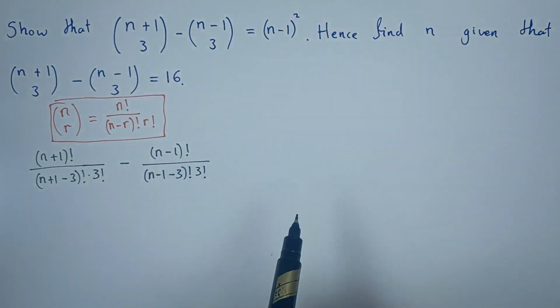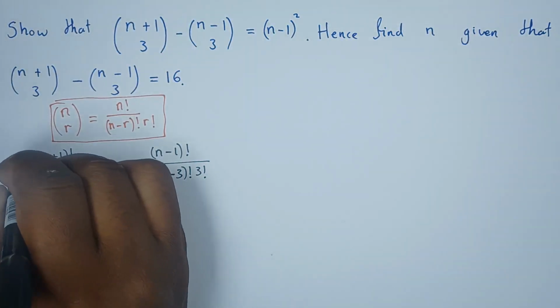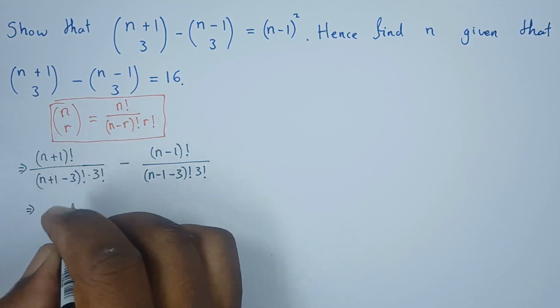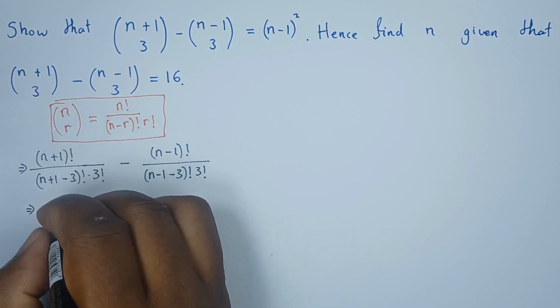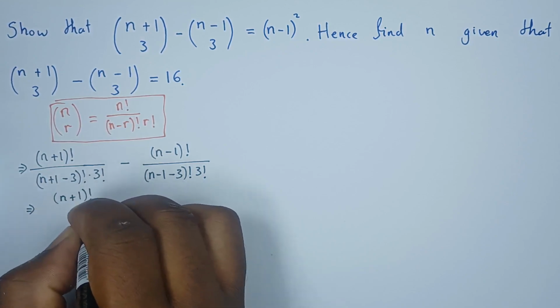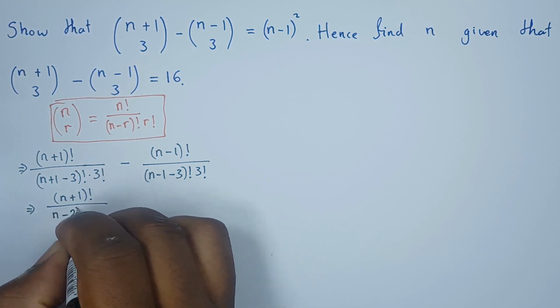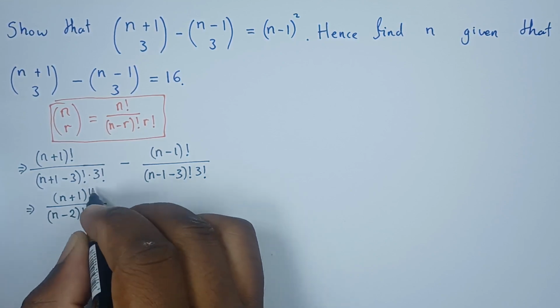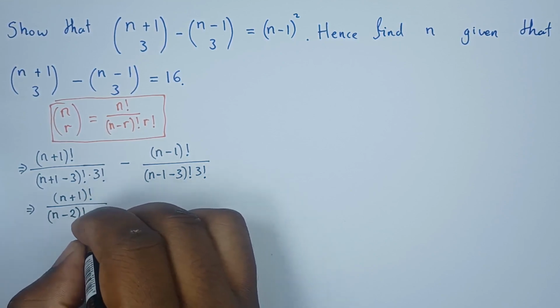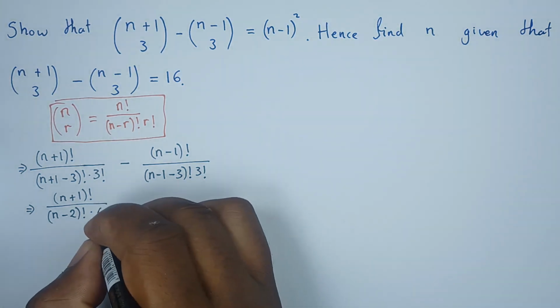To proceed here, let's simplify first. So this implies that (n plus 1) factorial divided by (n minus 2) factorial times 3 factorial, and 3 factorial is as good as 3 times 2 times 1, which is just 6.